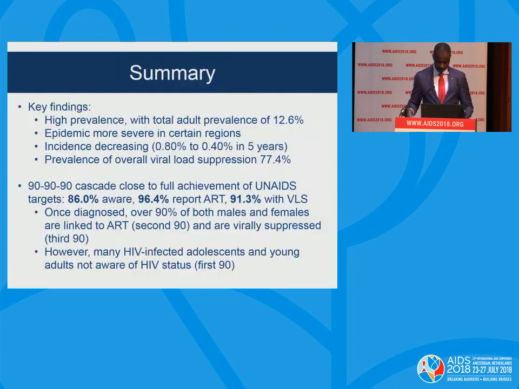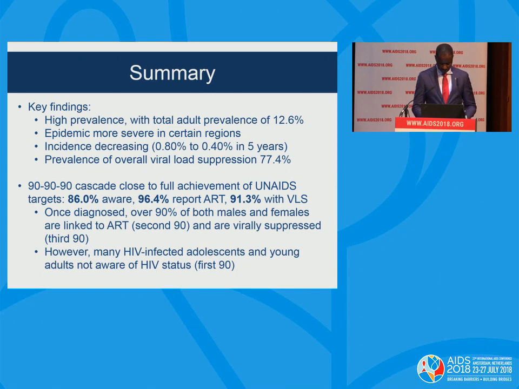So in summary, ladies and gentlemen, key findings include, number one, a high total adult prevalence of 12.6% in the country, wide geographic variations, incidence coming down by about 50% compared to the 2012 modeled estimate.